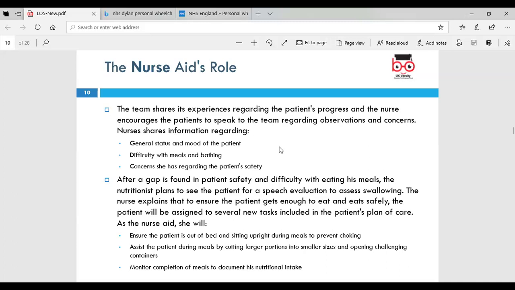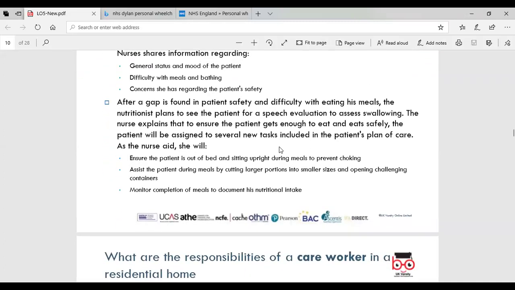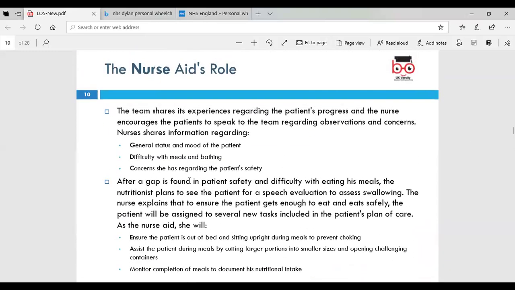As the nurse aide, he will ensure that the patient is out of bed, sitting upright during meals to prevent choking, assist the patient during meals by cutting large portions into smaller sizes and opening challenging containers, and monitor completion of meals to document their nutritional intake.